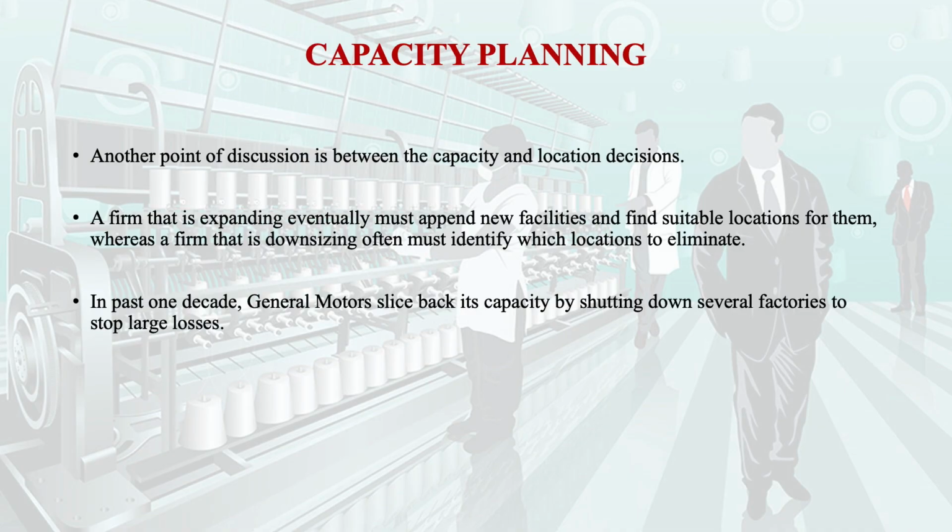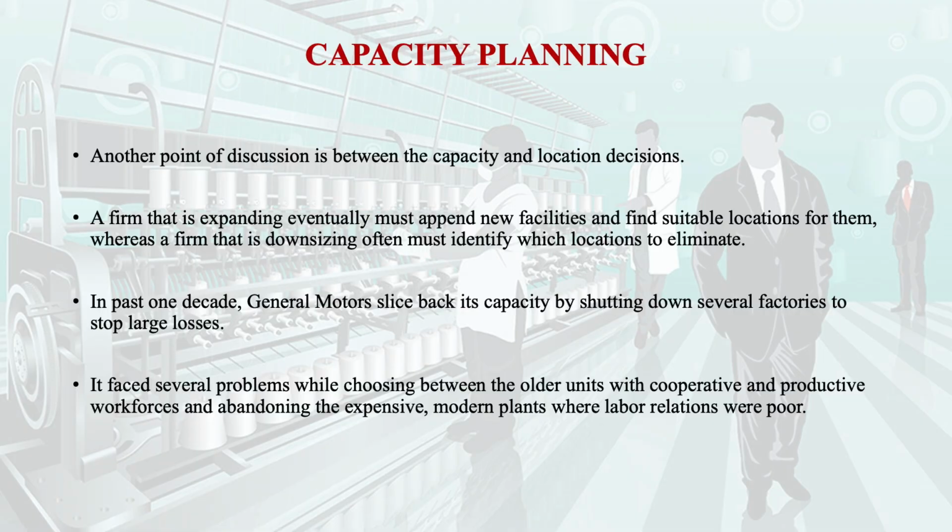There is one example of General Motors. They scaled back their capacity by shutting down several factories to stop large losses, because sometimes when the demand is not there, it is not proper to continue the production.